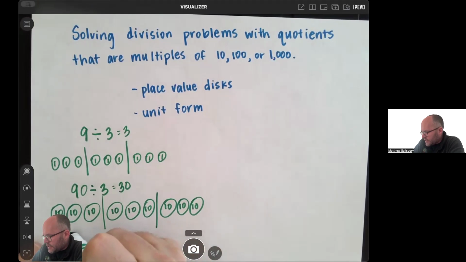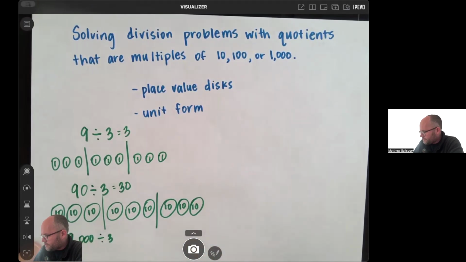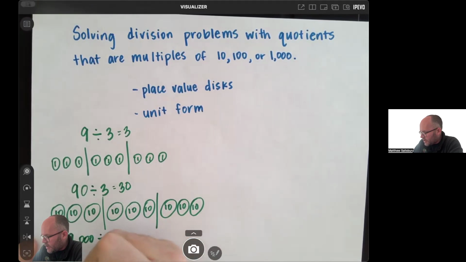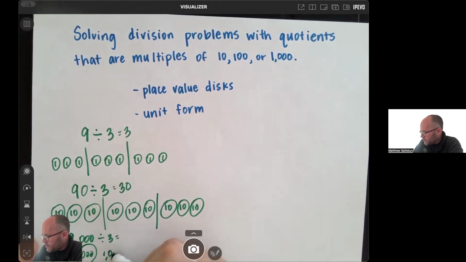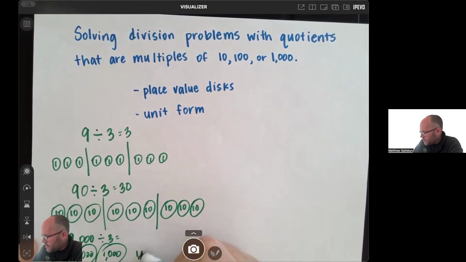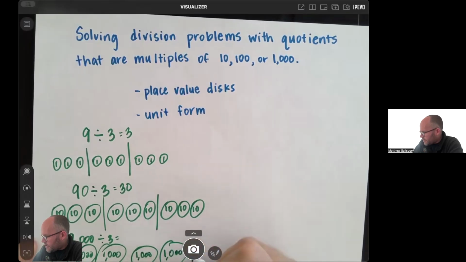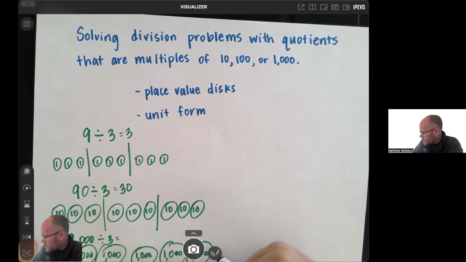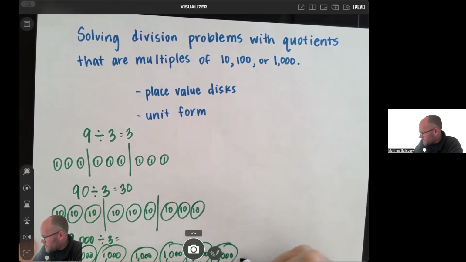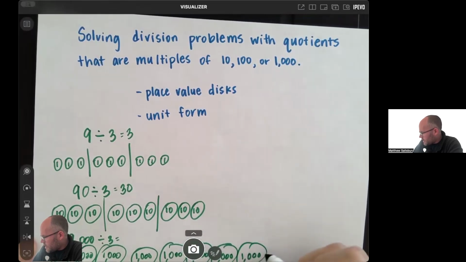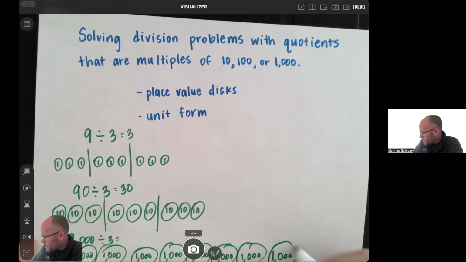Let's say we do 9,000 divided by 3. And again, each disk now is 1,000. 1, 2, 3, 4, 5, 6, 7, 8, 9.